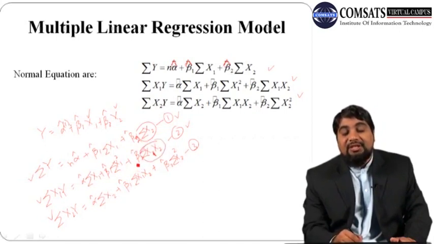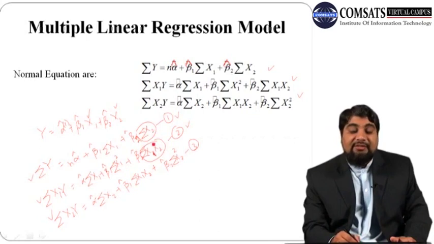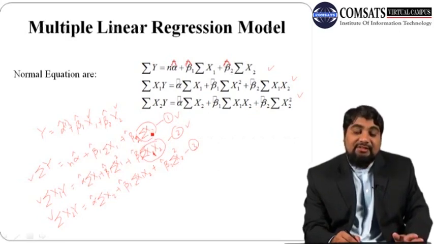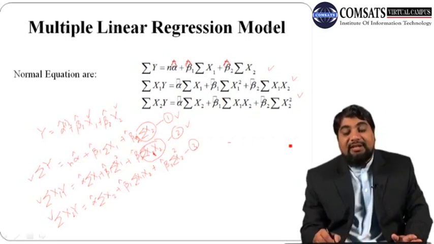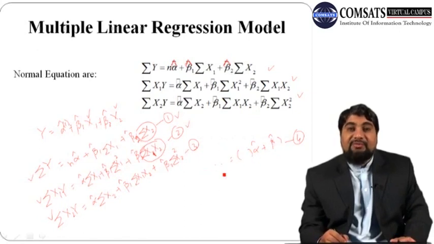So we have to multiply equation 1 with summation x1 x2 and equation 2 by summation x2 in order to match the coefficient, match the third terms, and then subtract equation 2 from 1. You will get a new equation, equation number 4, which will contain only alpha hat and beta 1 hat with certain coefficients, and here you will have the left hand side as well.